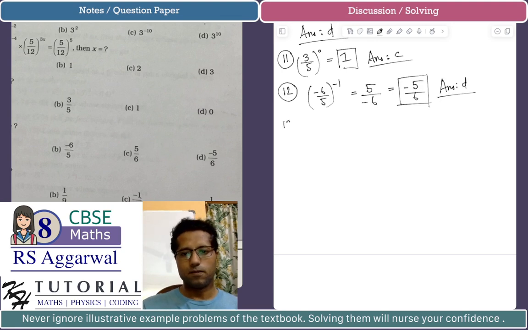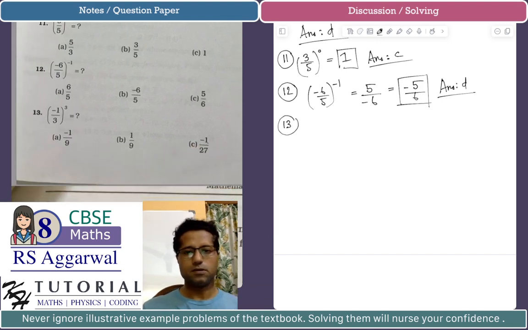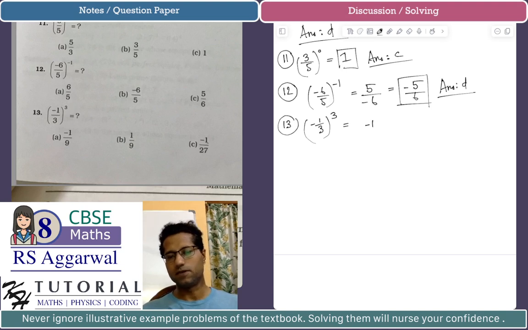Let's do problem number 13. What is (-1/3) raised to the power cube? The base is the rational number -1/3. So this will be equal to (-1) to the power 3 divided by 3 cube.